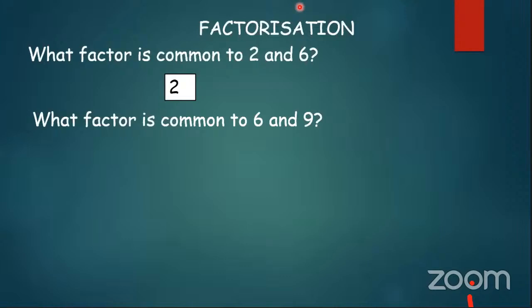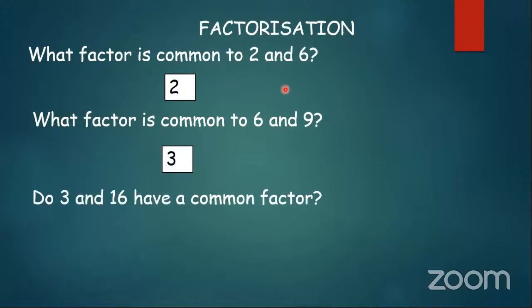Yes, everyone in the chat is saying 3. Moses, your hand is up. Okay, we are saying our answer is 3. Okay, we continue. Do 3 and 16 have a common factor?